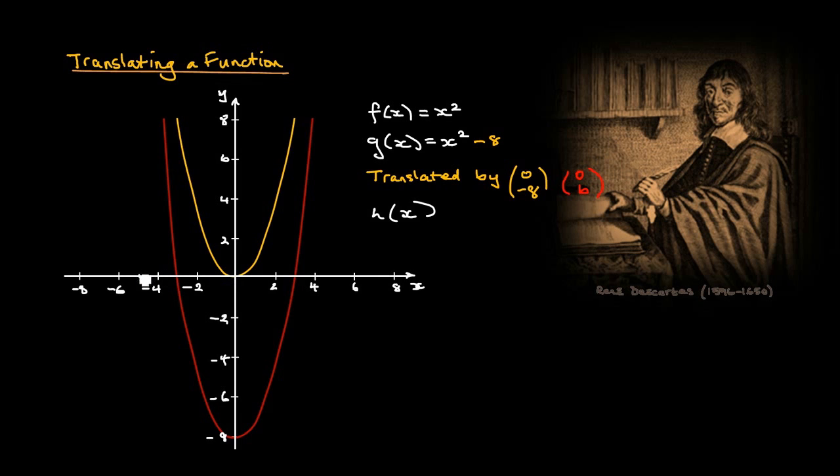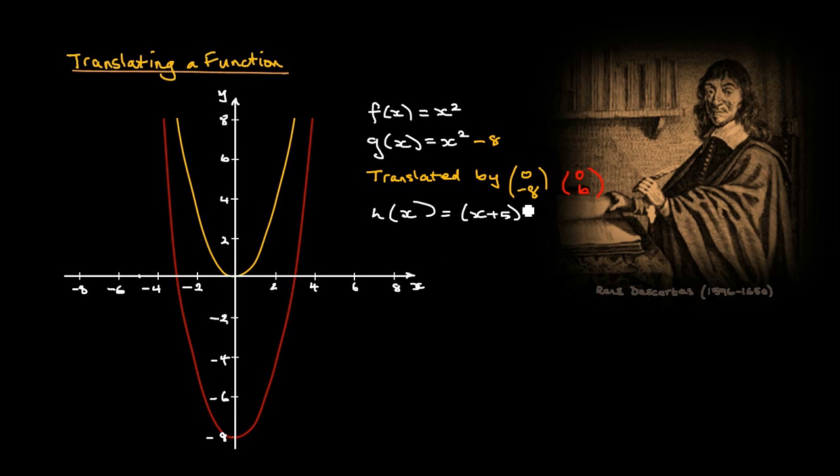So I'm going to have to add 5. So h of x must be x plus 5 to compensate for that direction that I pulled it in the negative direction, so I've got to pull it back. So it's now not x, but x plus 5 squared.